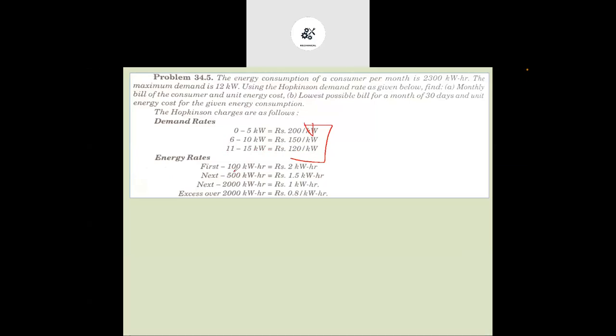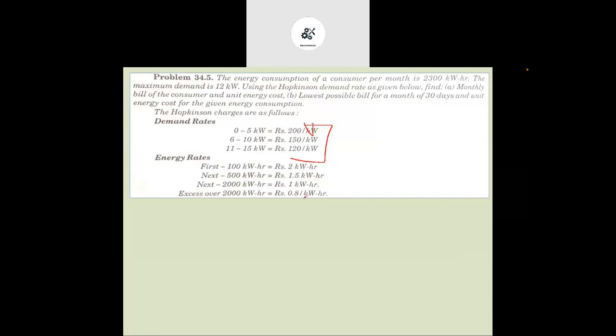For the first 100 units, the rate is 2 rupees per unit. We can also call a kilowatt hour 1 unit of electricity. For the next 500 units, from 101 units to 600 units, the rate is 1.5 rupees, and for the next 2000 units, the rate decreases again to 1 rupee per unit.